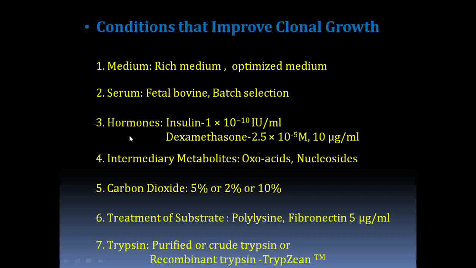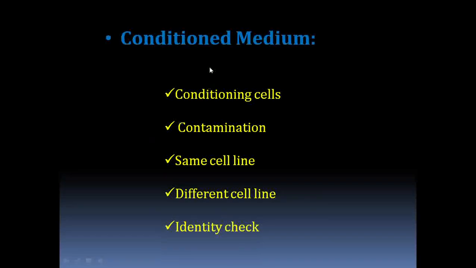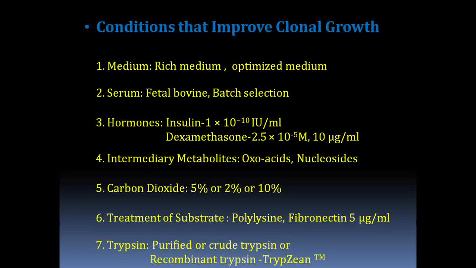One more condition, of great importance, is the conditioned medium. What is conditioned medium? The way I have added different requirements here, right? These requirements are added artificially, or synthetically, from the outside environment so that I can have clonal growth in an improved form.